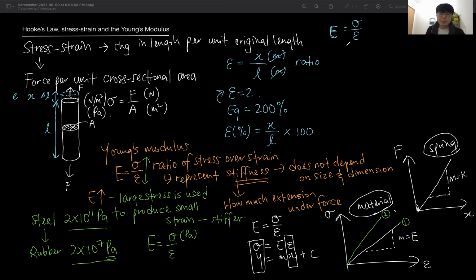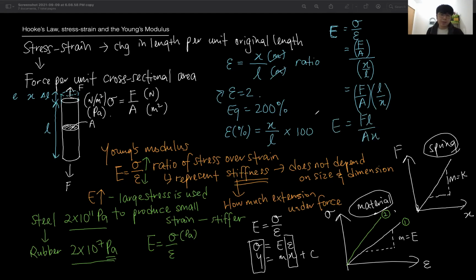Now I can also express this as stress, which is force over area, divided by strain, which is x over original length. That equals force over area times L over x. So FL over AX.